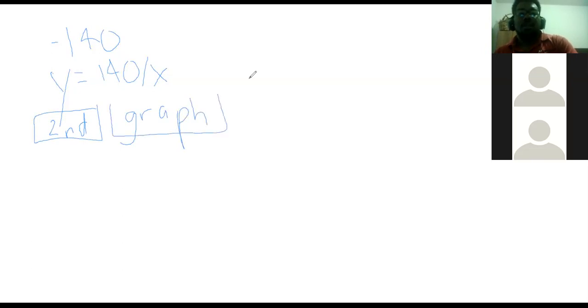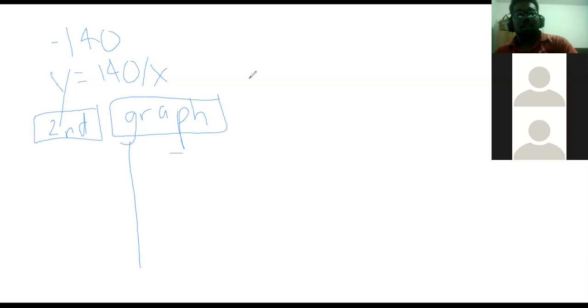I could type in y equals 140 over x, which basically just divides 140 by a bunch of different things. And then I can hit second, graph, and that would take me to a table where I'd end up seeing a bunch of factors.